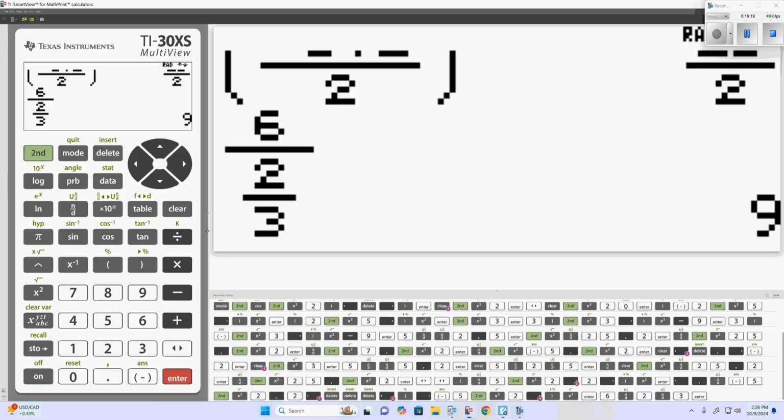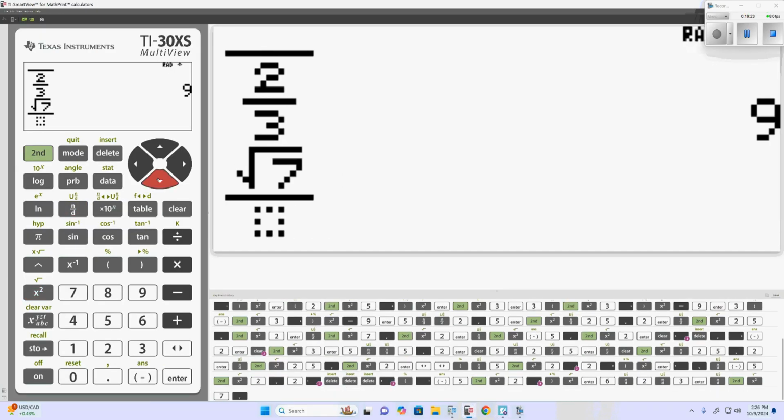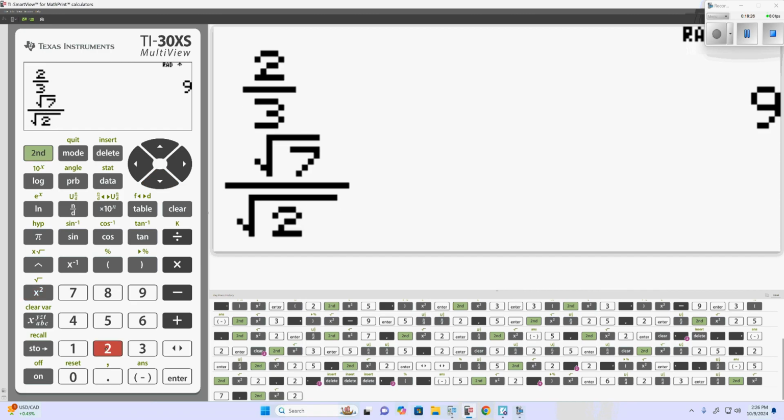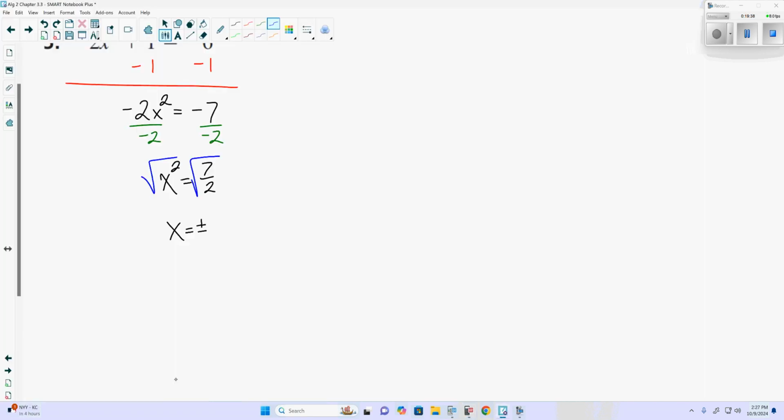And our 7/2, we can plug it in, but we have to take the square root of the top divided by the square root of the bottom, and it will simplify it for us. And the reason it's simplifying is we can't leave a radical in the bottom of a fraction. We can't leave the square root of 2 in the bottom. But it does simplify it too. Square root of 14 over 2.